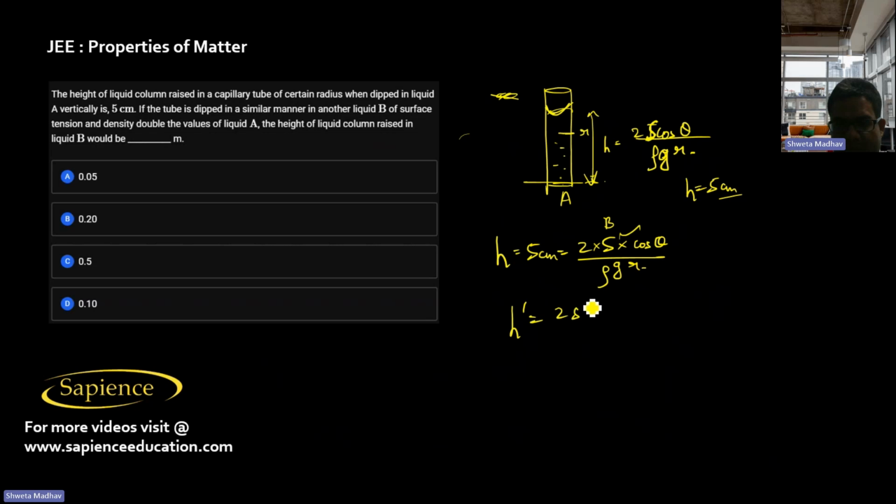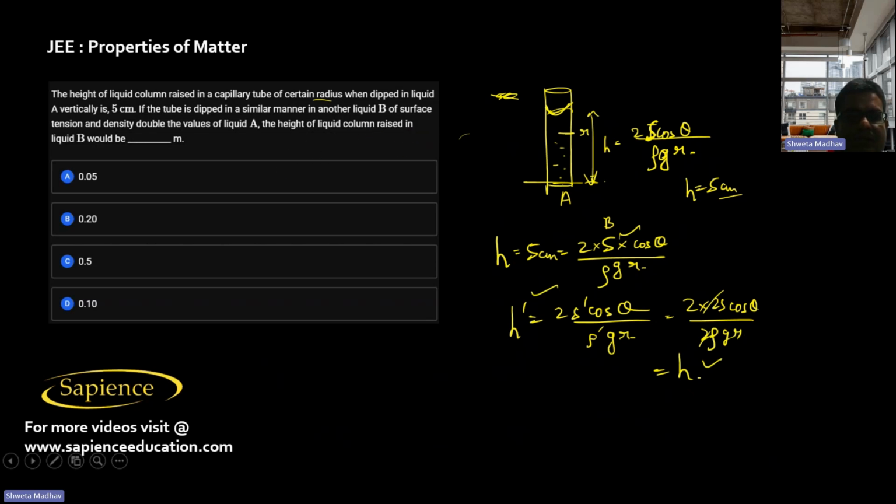So S dash is 2S dash cos theta by rho dash g r. Since the same tube has been dipped, the radius will be the same. So S dash is 2S cos theta and rho dash is 2 rho g r, so the 2 will get cancelled. So the same height it will achieve. The height of the liquid column raised will be the same, that is 5 centimeter only, which is 0.05 meter. So option A is the correct answer.